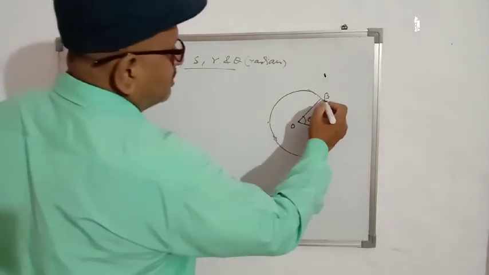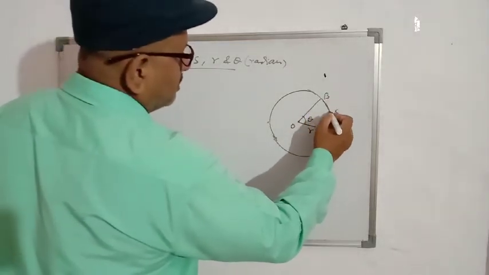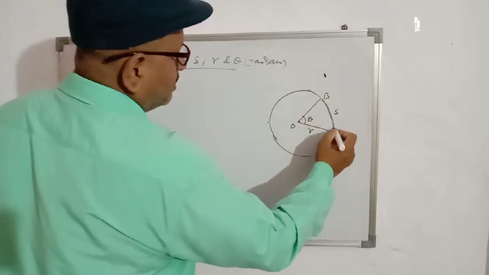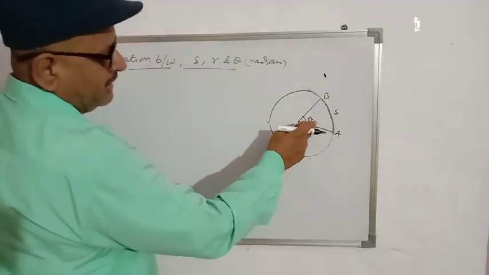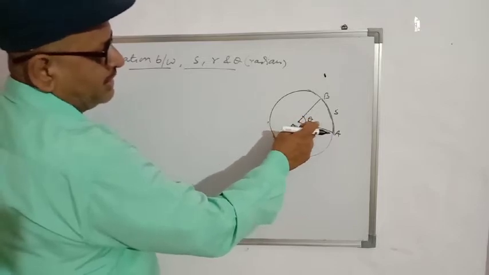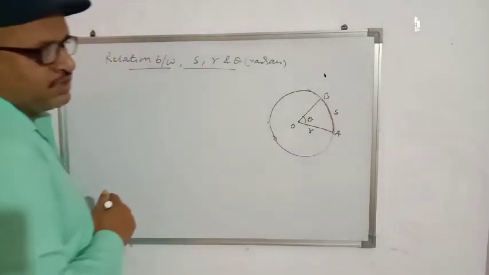So we know that the angle made at the center is proportional to the arc length.